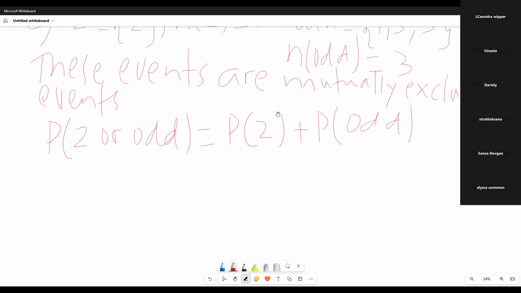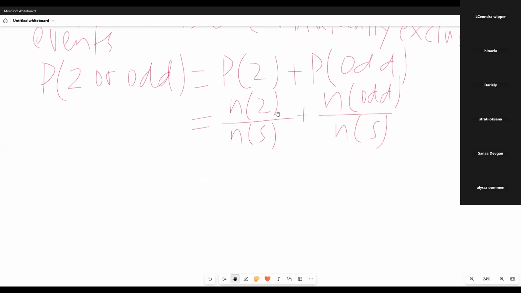So that gives you N of 2 over N of S plus N of odd over N of S. That's 1 over 6, and that's 3 over 6. That's 4 over 6.